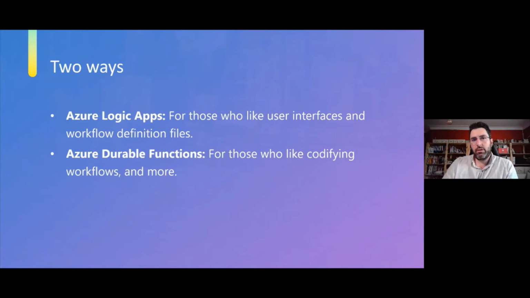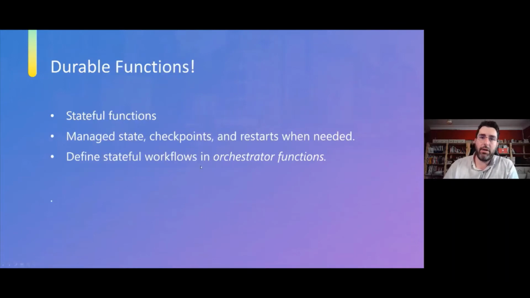But durable functions, in short, is a library that you include into your project that is based on the TPL, task parallel library, and it helps you manage and define your workflows between your functions through functions themselves. You build some functions to orchestrate functions. So those are the two options that we have today to orchestrate functions that we have in Azure.